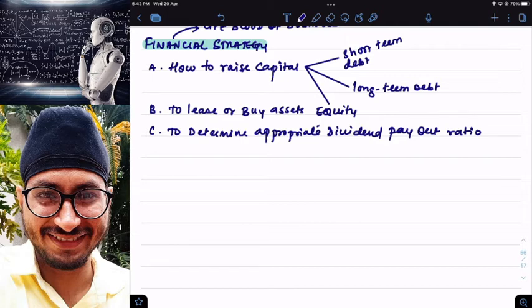In that case, the shareholders will be happy, but the company will face problems in working capital. In the same way, very little dividend also should not be paid to shareholders. Why? Shareholders will not be happy, but the company will be happy. That is why it is mandatory for a company to analyze its finance and then decide an appropriate dividend payout ratio, such that neither are shareholders unhappy nor is the company facing any financial issues.